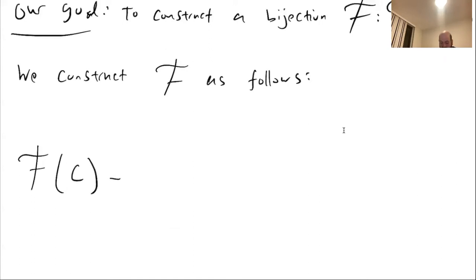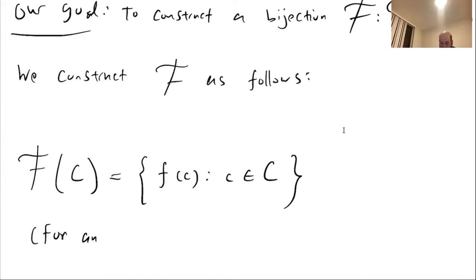I'm going to define this as the set of all elements of the form f of small c, such that small c belongs to capital C, where capital C is a subset of A.